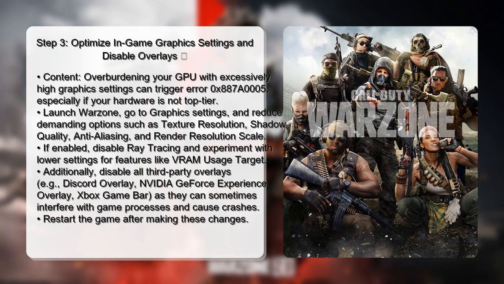If enabled, disable ray tracing and experiment with lower settings for features like frame upscaling. Additionally, disable all third-party overlays, the Discord overlay, NVIDIA GeForce Experience overlay, and Xbox Game Bar, as they can sometimes interfere with game processes and cause crashes. Restart the game after making these changes.